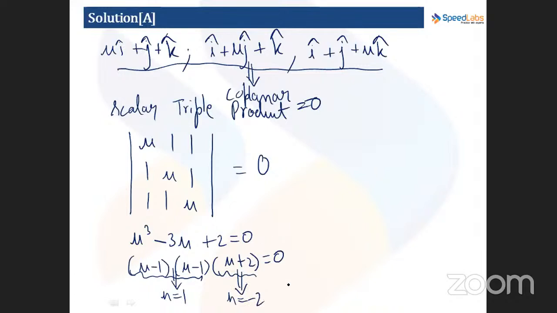Now what was asked again? They never simply ask the values of mu or beta. They always twist it by asking the sum of the possible mu's. So the sum was minus 2 plus 1, which was minus 1. I hope this solution is clear to everybody.